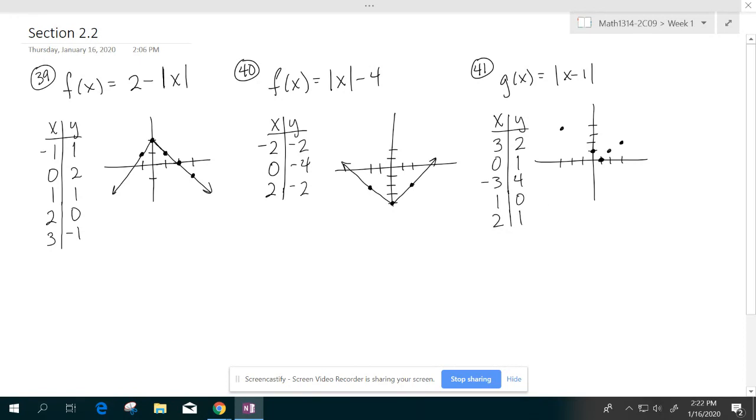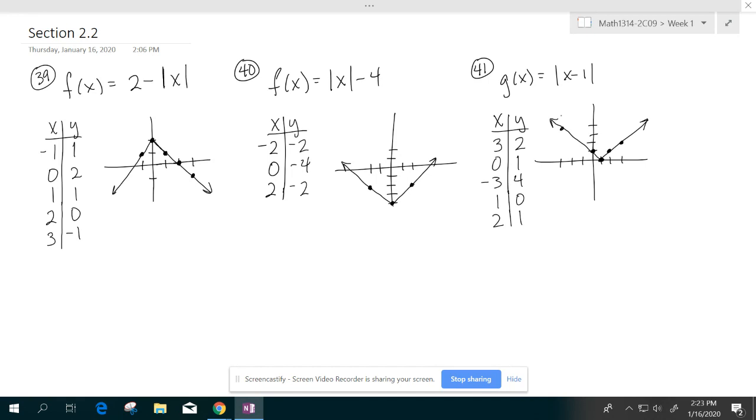And do you see now it's headed back up? So do you see these points are coming down? This looks like the lowest, and then they start to head back up. So when you're graphing an absolute value function, you do want to make sure that you find the vertex for sure, and then you can make the V.